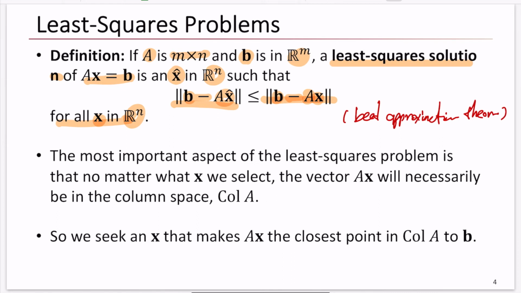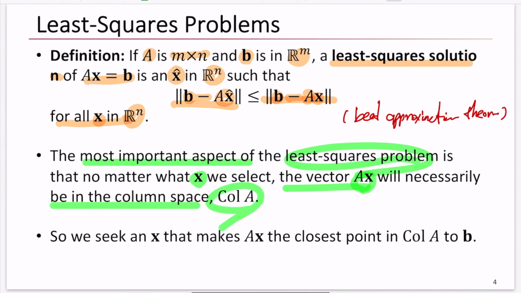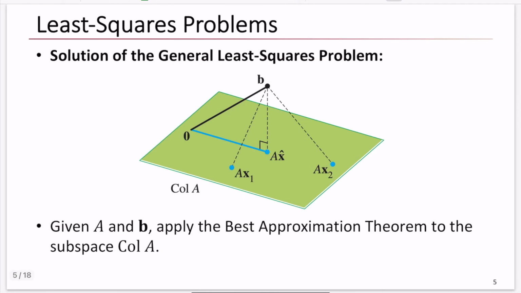So the most important aspect of the least squares problem is that no matter what x we select, the vector Ax will necessarily be in the column space of the matrix A. So we seek a vector x that makes Ax the closest point in the column space of A to b. In other words, let me explain here.